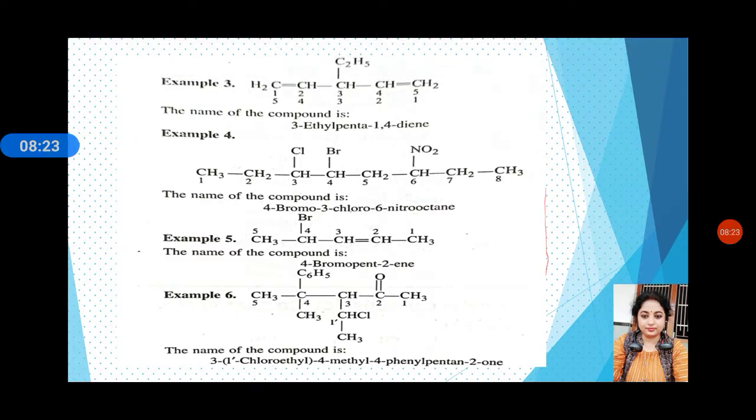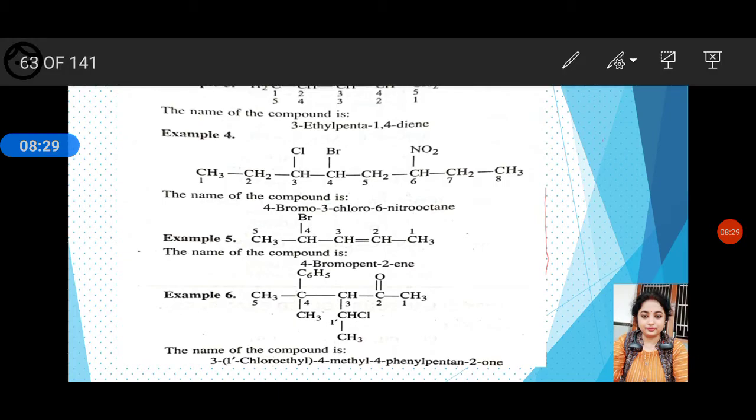From this side 1, 2, 3, 4, 5. From this side 1, 2, 3, 4, 5. From every side we are getting 5. So numbering can be done from any side. And 5 is coming, so penta will be our root word.